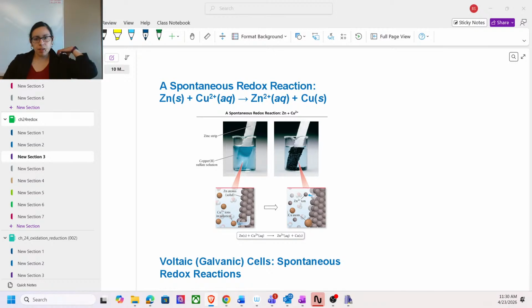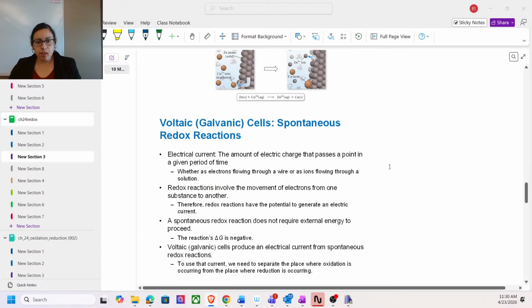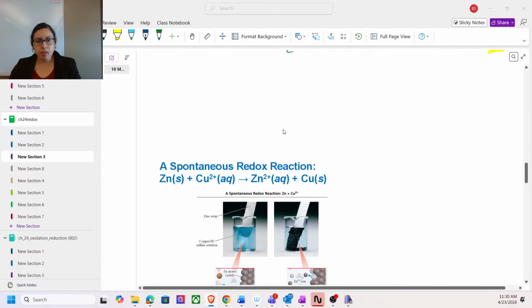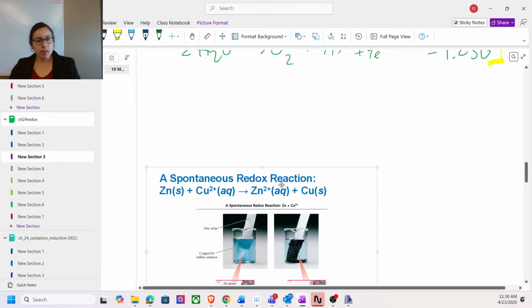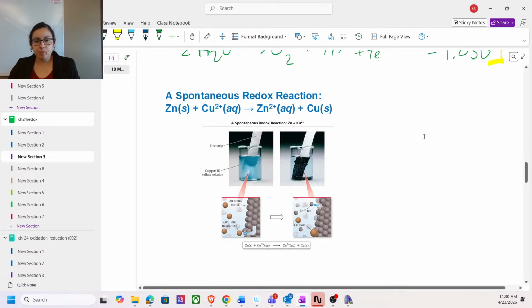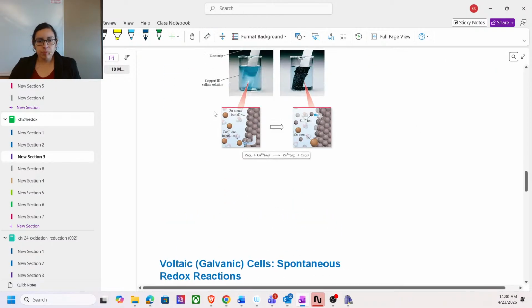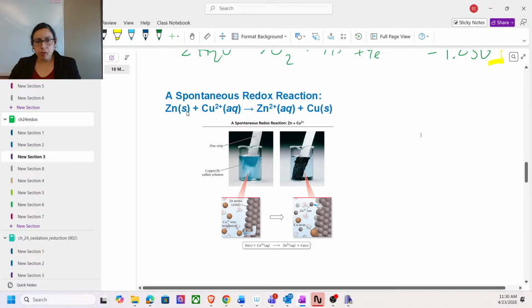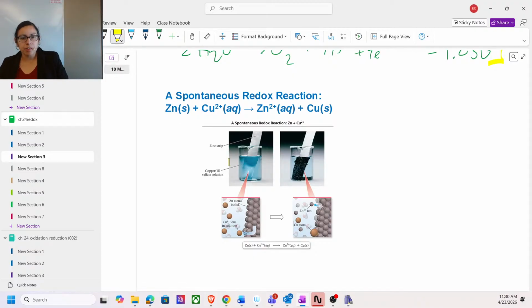So let's look at the math. Again, looking at our reaction, we'll build our demo. And so let's look at what we're doing.